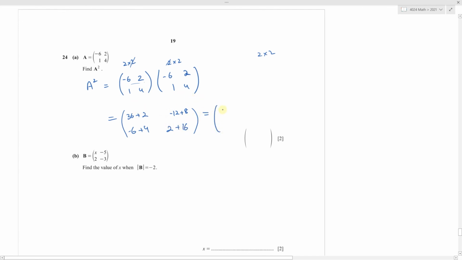So this is 38, minus 12 plus 8, minus 4, minus 6 plus 4, minus 2, 16 plus 2, 18. So 38, minus 4, minus 2 and 18.